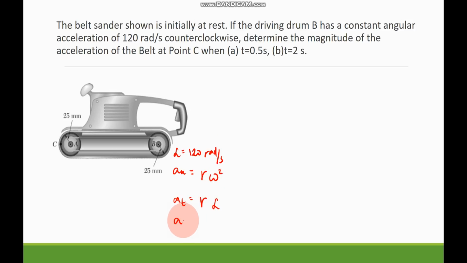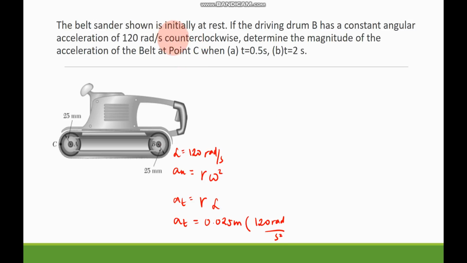So therefore, for our tangential component of acceleration, the r that we consider is 0.025 meters or 25 millimeters, and our alpha is 120 rad per second squared.